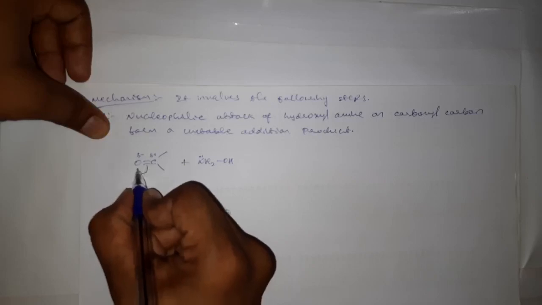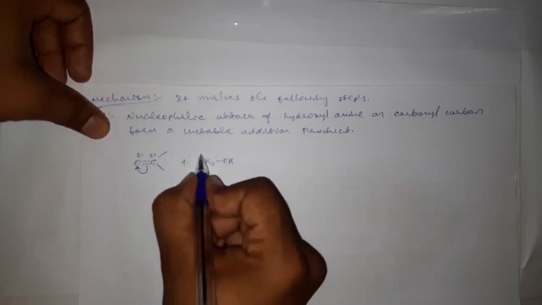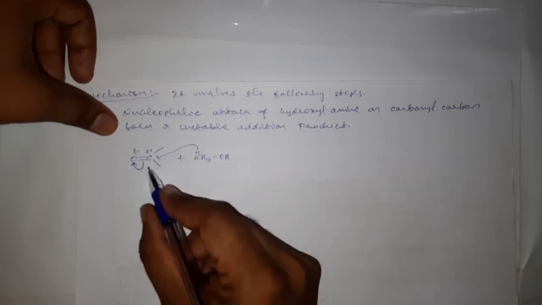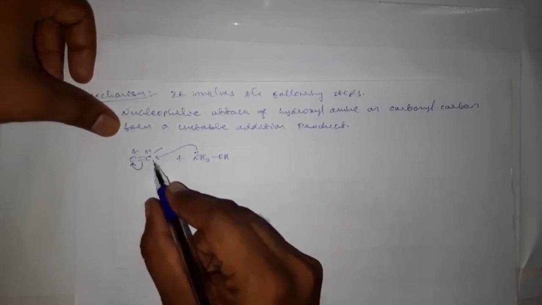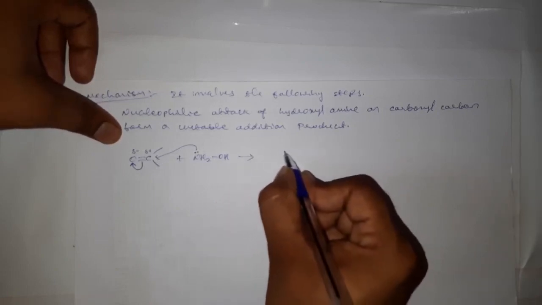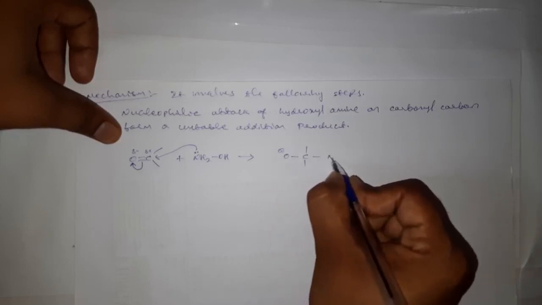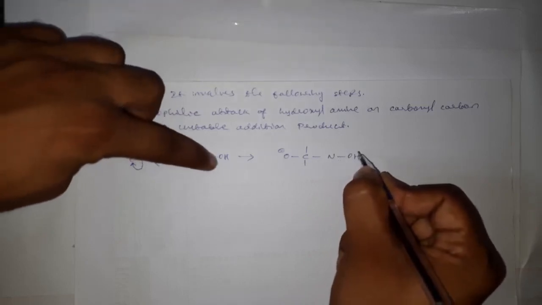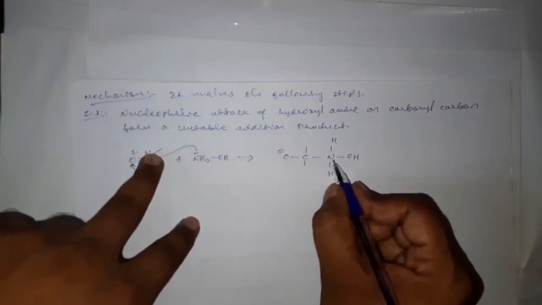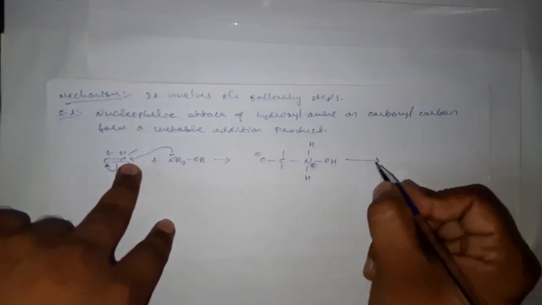The oxygen drags one of the bonded pairs of electrons towards itself, so the carbon becomes electron deficient and looks for electron donors, and therefore hydroxylamine acts as a nucleophile to stabilize this electron deficiency of carbon. Now it will form this oxygen with negative charge, single bond C, single bond NOH, H, H. Then this nitrogen with 4 bonds becomes unstable and gets a positive charge.